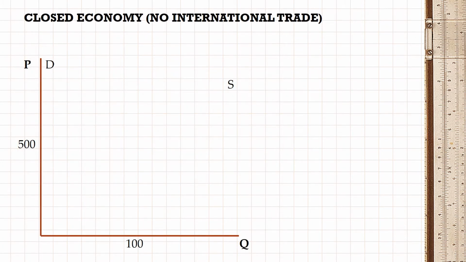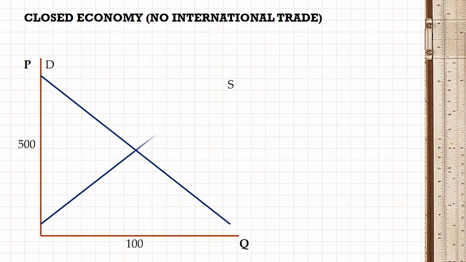We begin with the closed economy case. It means that your country is not allowed to trade internationally. In simpler words, you're not allowed to exchange goods and services with other countries. So how are you consuming and what are you consuming?